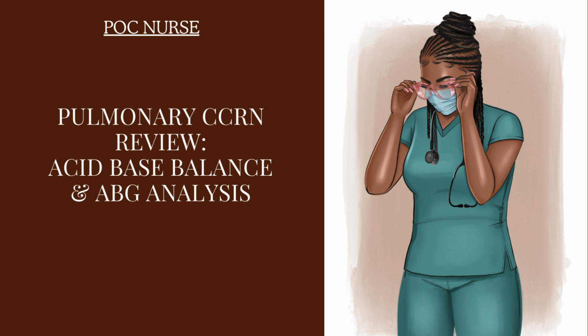So when pH is low because there is a lot of carbon dioxide in the body, which means partial pressure of CO2 is high, then the kidneys will make more bicarbonate. So when pH is low and PCO2 is high, bicarbonate will start to go up to compensate for the low pH caused by the respiratory system.